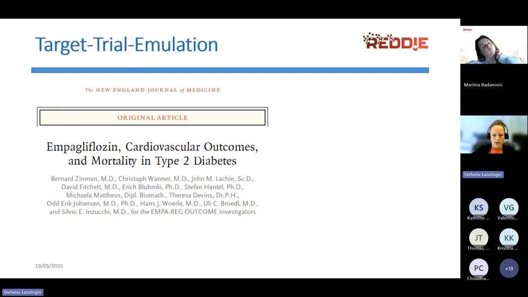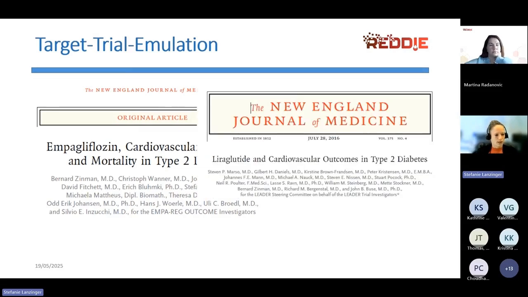For example, the EMPA-REG OUTCOME trial, which focused on empagliflozin in comparison to placebo and investigated cardiovascular outcomes and mortality in type 2 diabetes. Another trial that will be emulated is the LEADER trial, which focused on liraglutide and cardiovascular outcomes in type 2 diabetes.